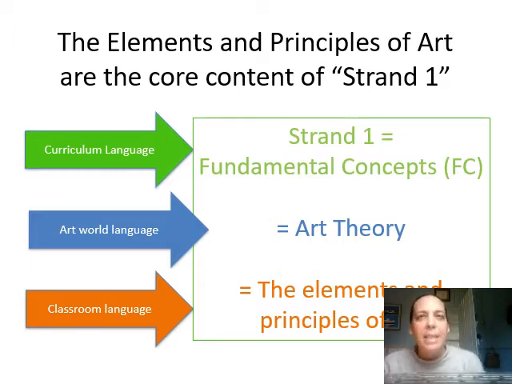I think that language is hard to remember sometimes, so you may also want to remember these equivalent ideas: art theory, which is the language we use commonly in the art world, or the elements of art and the principles of design, which is the classroom language applied throughout the curriculum and the language we're going to use today. These mean the same things, and I just think it's important to clarify that language.